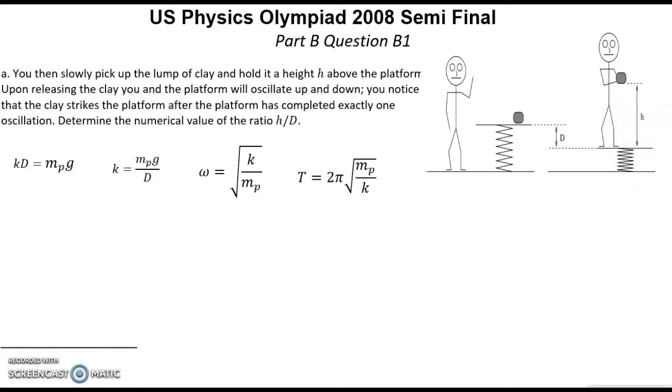So we have this equation. On the one hand we have h equal to 1/2 g t squared, and when we put in the expression for the period, and after that put in k as this relation, we finally have this answer: h over d equals 2 pi squared.